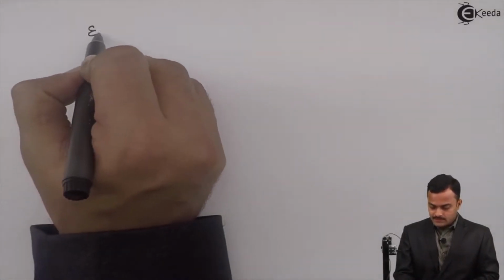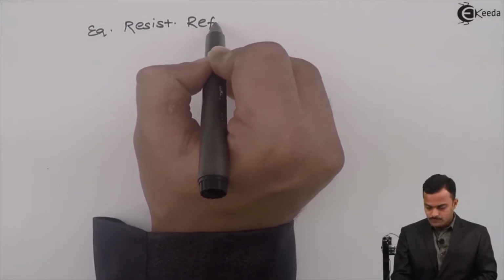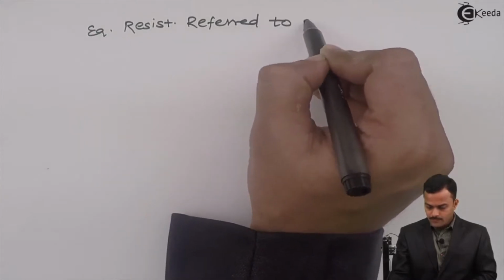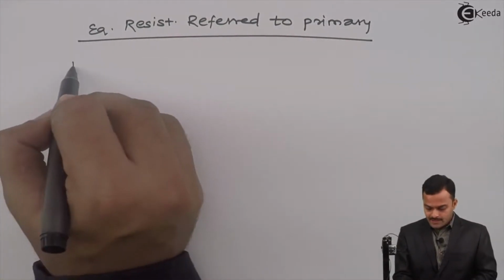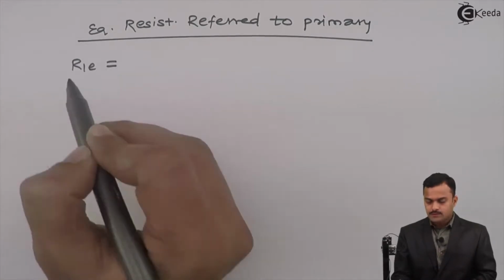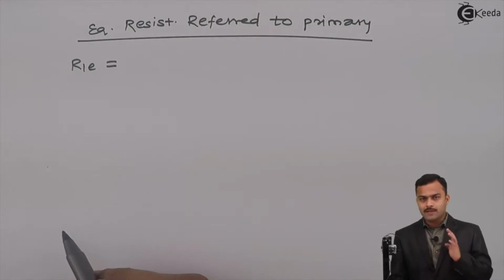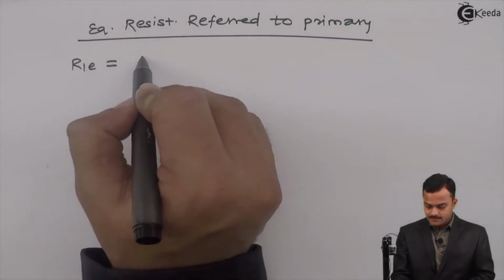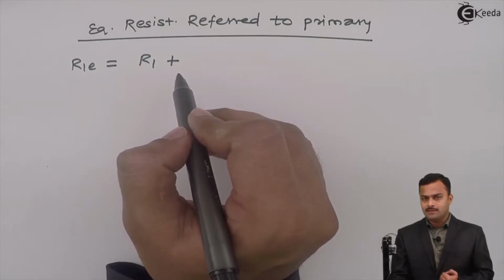So equivalent resistance referred to primary, denoted as R1E. See here, I am referring elements to the primary side, so the primary resistance will remain as it is, and the secondary resistance I need to refer to the primary side.